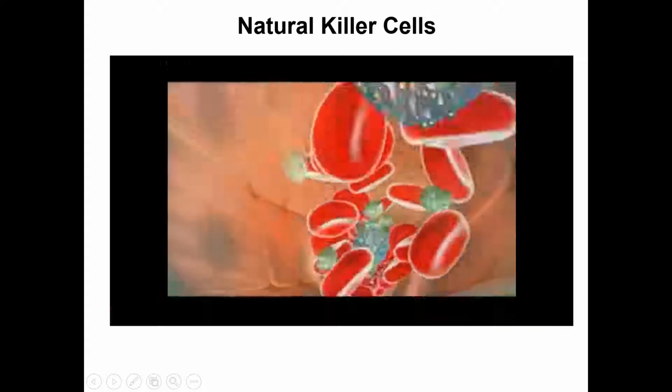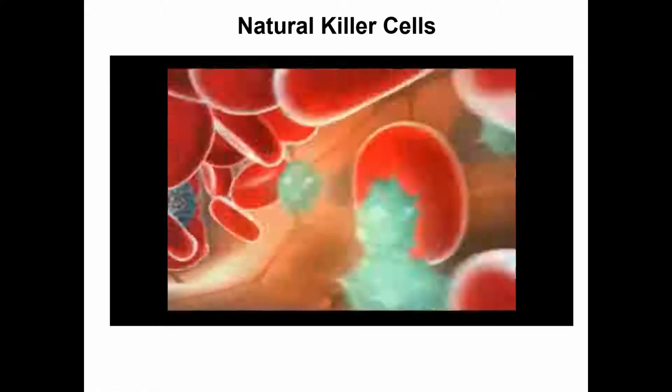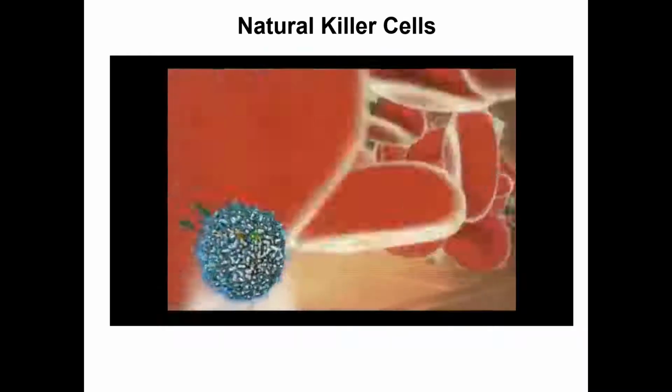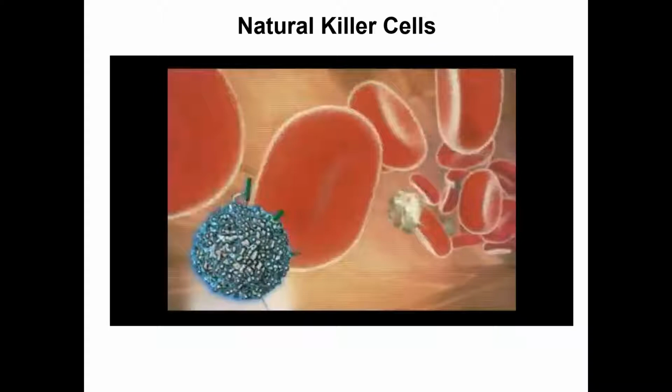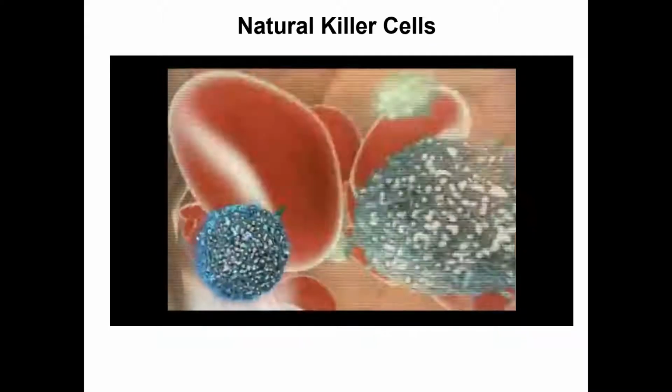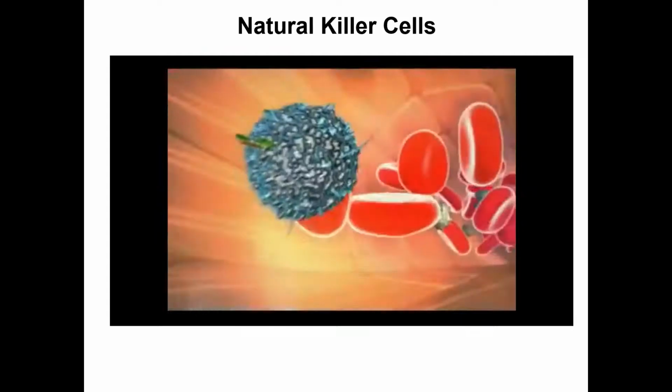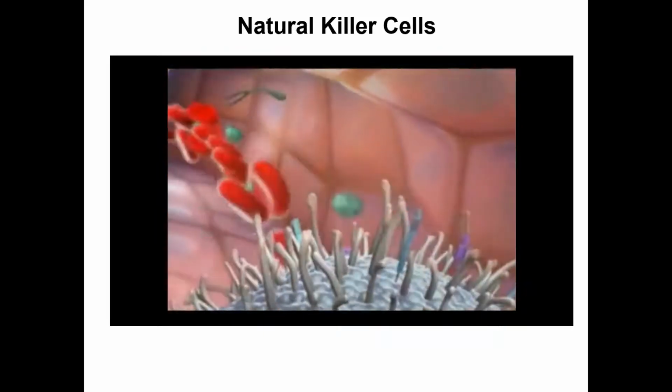Of all the immune system soldiers, natural killer cells are the most aggressive. They are lymphocytes with no immunological memory and are part of your innate immune system. Natural killer cells make up about 5 to 15% of the total circulating lymphocyte population.